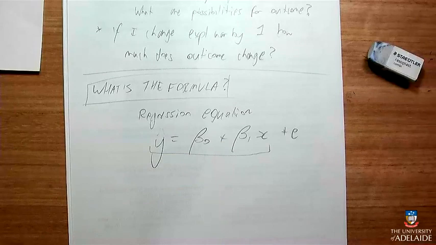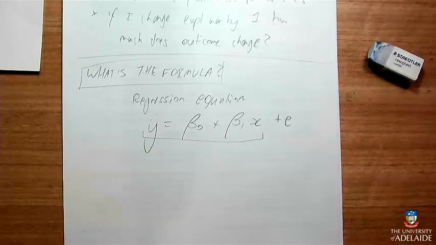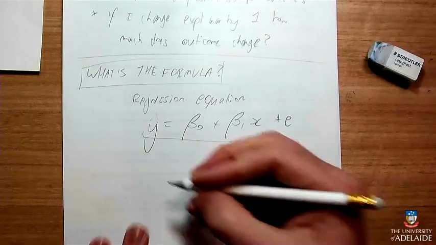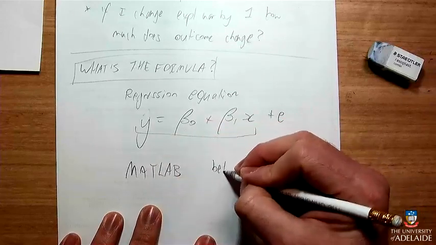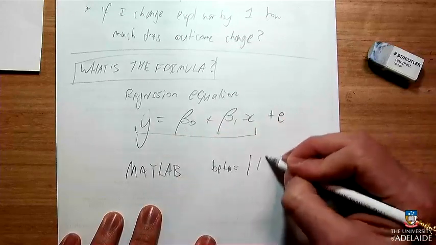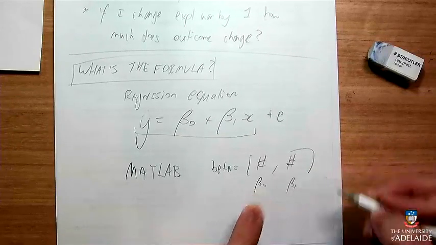And so I believe in MATLAB, when you do a regression, it produces a little object called beta, which contains these two numbers, the answers for beta 0 and beta 1.